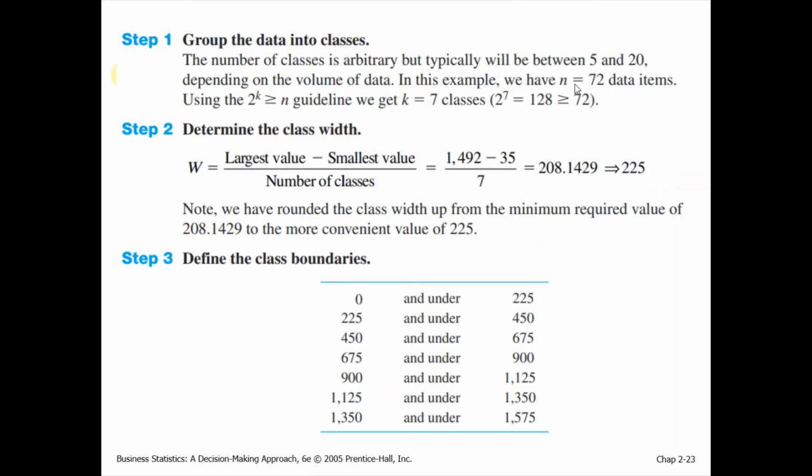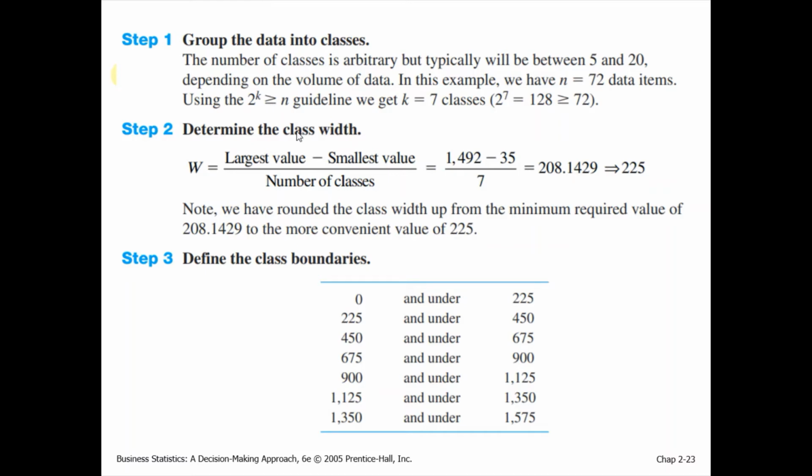Okay, di ba? So, 72 atong n. Mangita ta og unsa atong mabutang nga exponent na value ni k diri wherein masatisfy ni nga equality. So, mangita tag mabutang nato kang k wherein mas dako siya kang n.